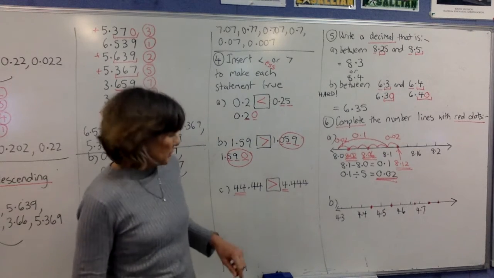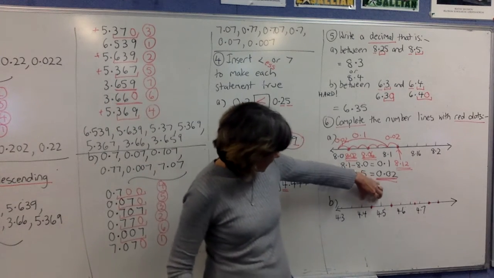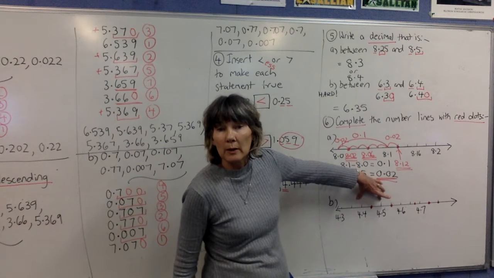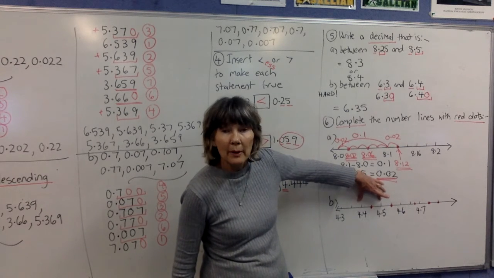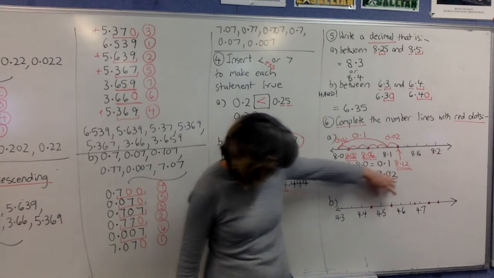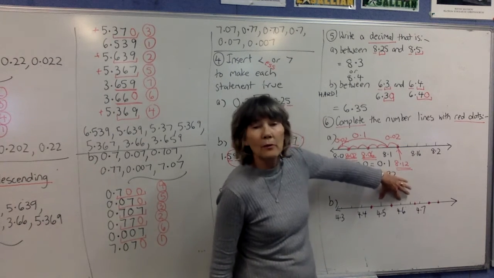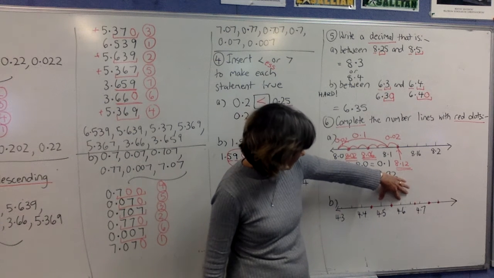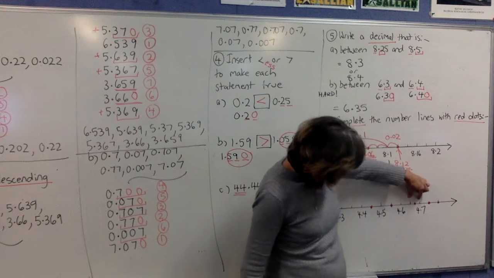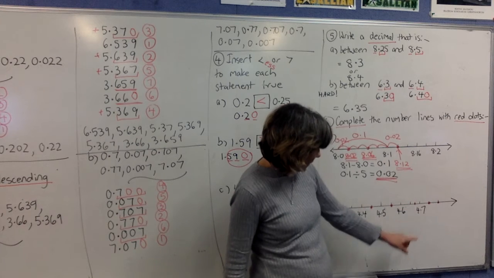Now where are the dots? Okay, well this dot is the mark between the 4.4 and the 4.5. This dot here is the mark in between 4.5 and 4.6. This one here is a bit tricky, right?